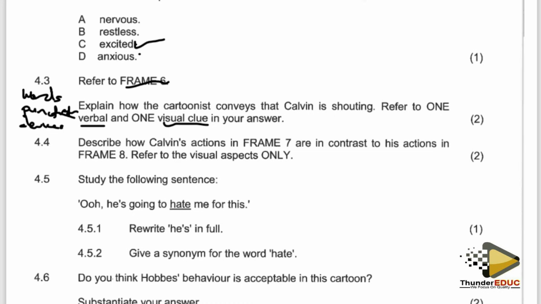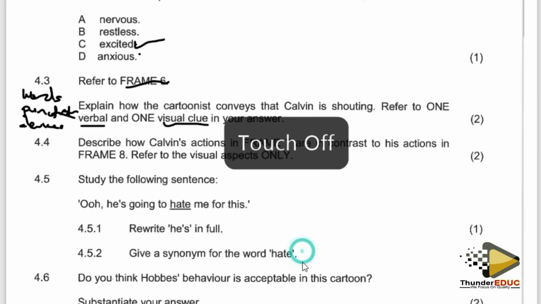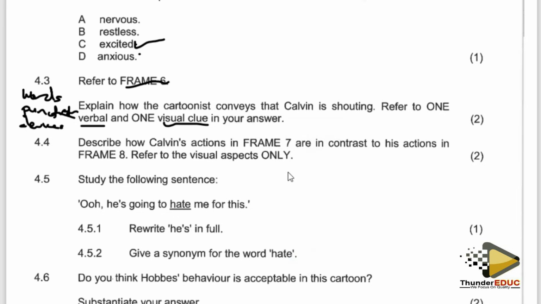And then they say give a synonym for the word hate. Synonyms, remember, are words that are similar in meaning. So we must be able to find the synonym for the word hate. Loathe is one of them that I'm having in mind. Loathe is a synonym of hate.